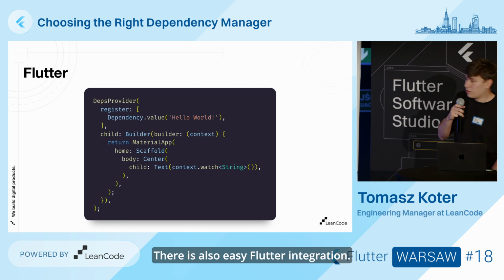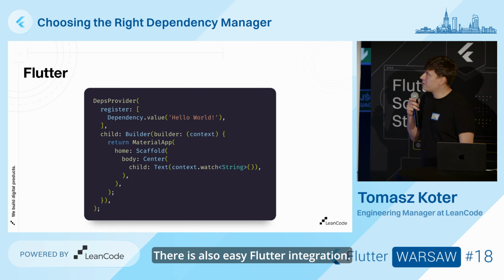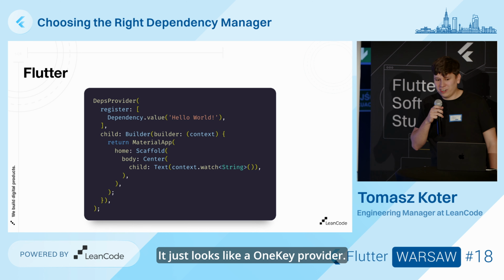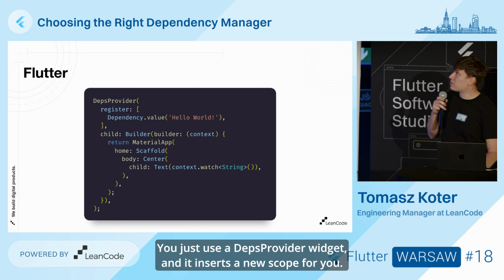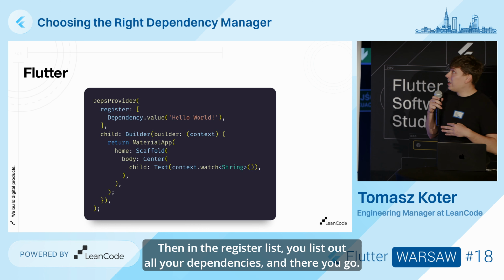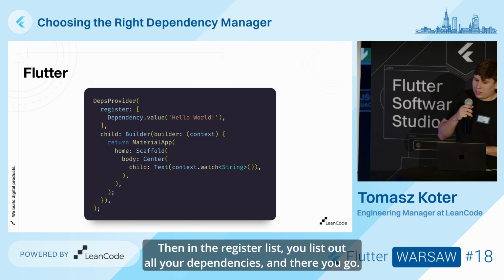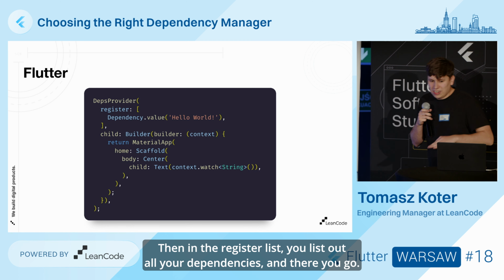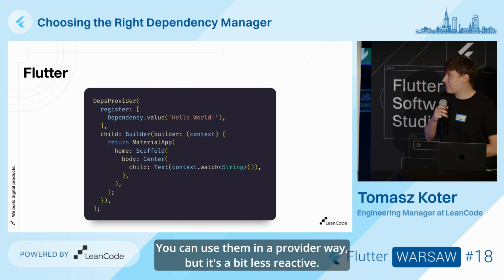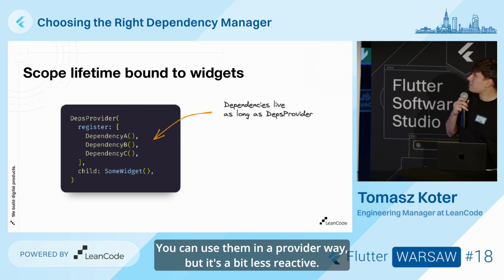There's also easy Flutter integration. It looks very original. It just looks like a wonky provider. You just use a deps provider widget, and it inserts a new scope for you. Then in the register list, you list out all your dependencies, and there you go. And you can use them in a provider way, but it's a bit less reactive.